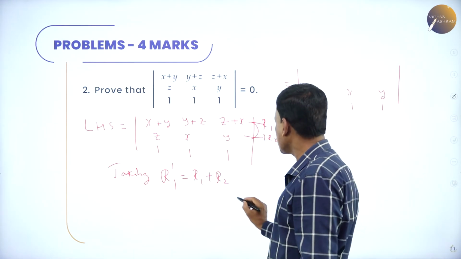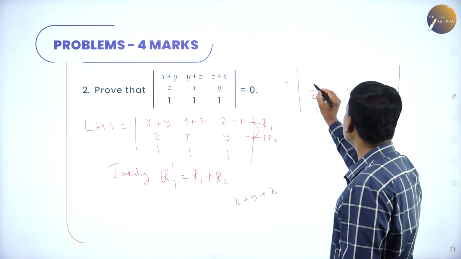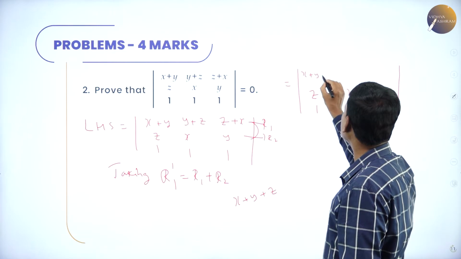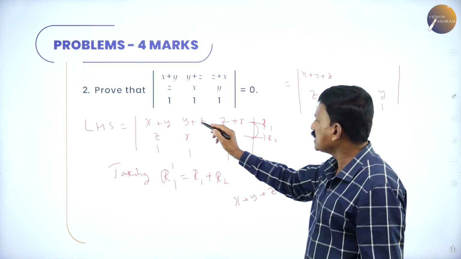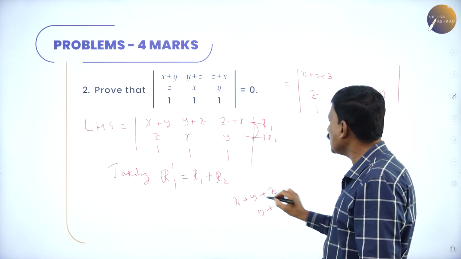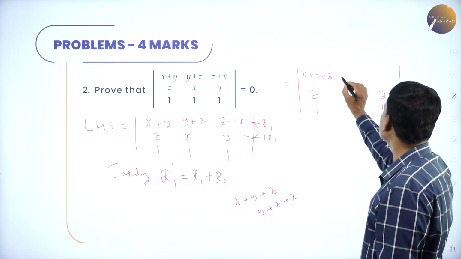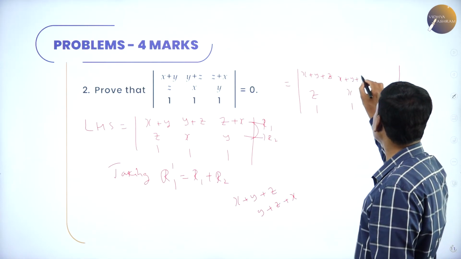x plus y plus z, x plus y plus z. So for the first element I will get x plus y plus z. Again the second element, add these two: y plus z plus x. Put it in order, I will get x plus y plus z.